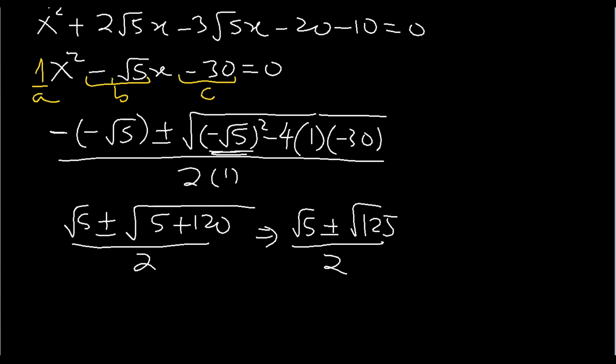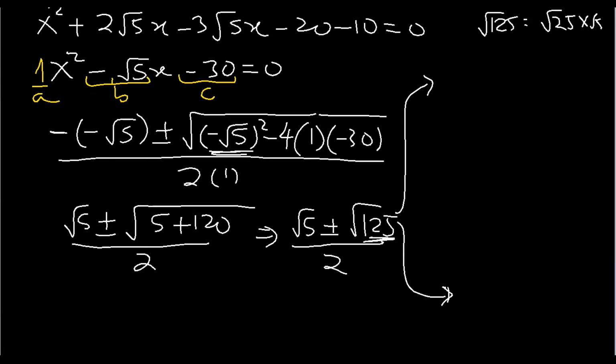Now, we want to use our mental math. They don't want us to use a calculator. So we will convert square root 125. Square root 125 can be written as a perfect square, 25 times 5, square root of 25 is 5, and then we have square root 5. That means we can convert this to 5 square root 5.